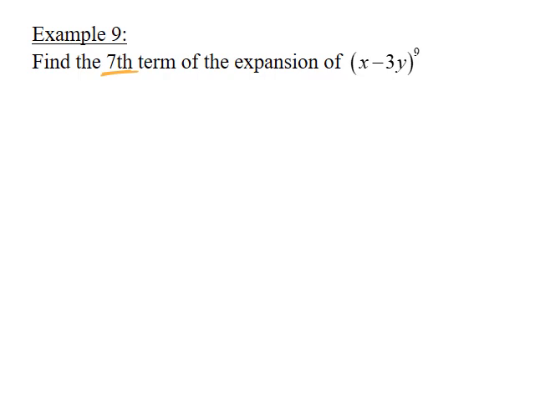But we don't have all that time, and instead we can use the following formula. n choose k minus 1 times a to the power of n minus k minus 1 times b to the k minus 1. Okay, well, n is 9. k is 7. So let's plug in what we know.